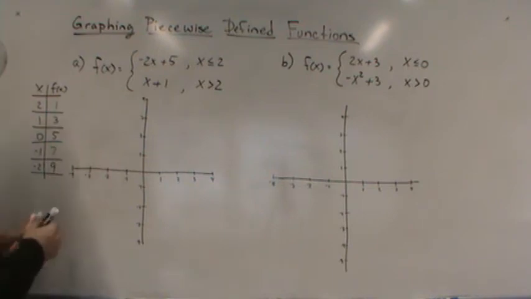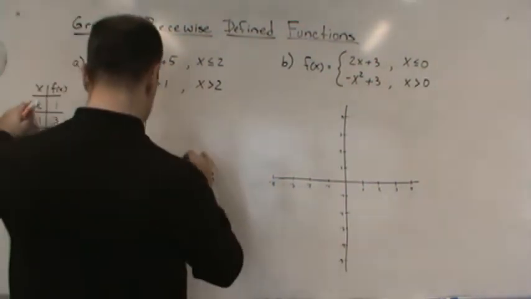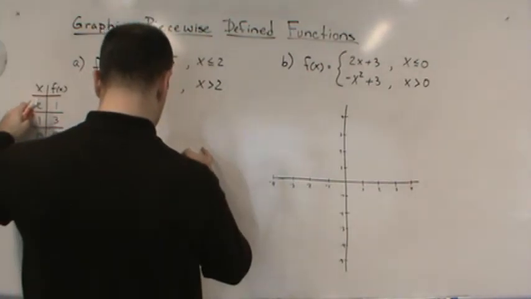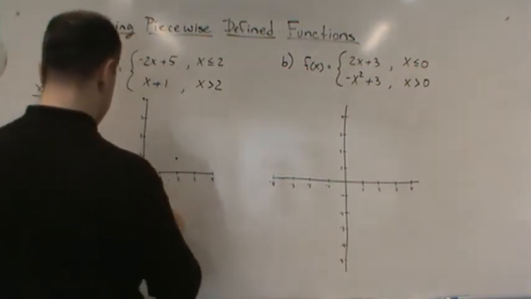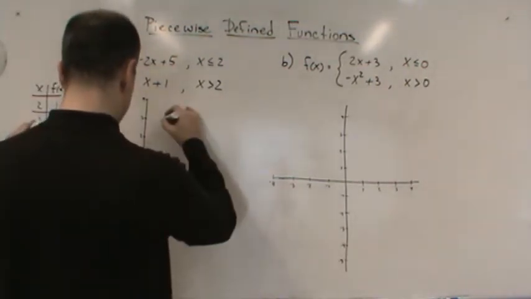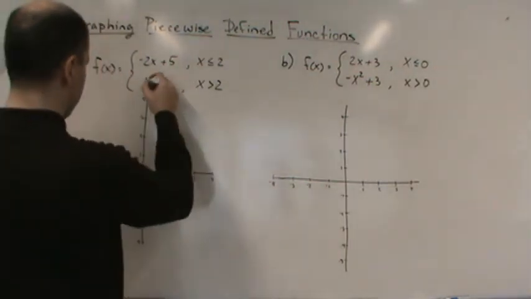Now we can plot this. At 2 it's 1, so let's plot at 1. At 1 it's 3, and at 0 it's 5, so that'll be up here.